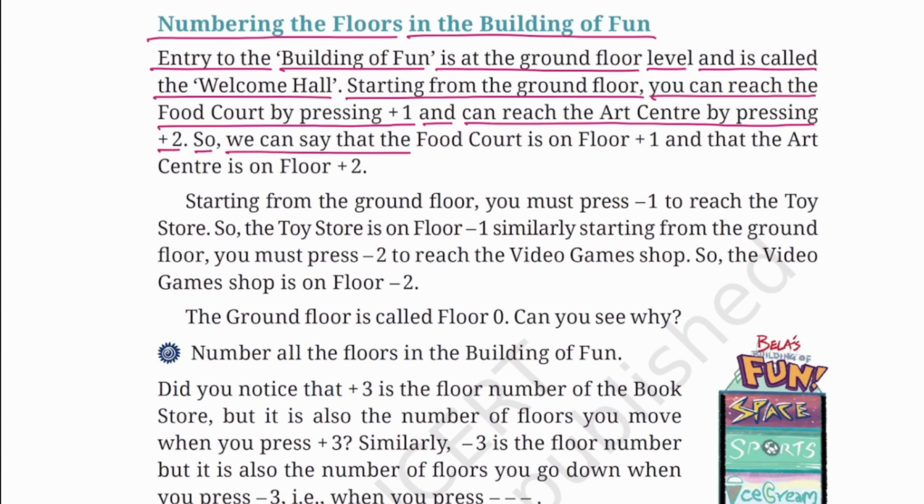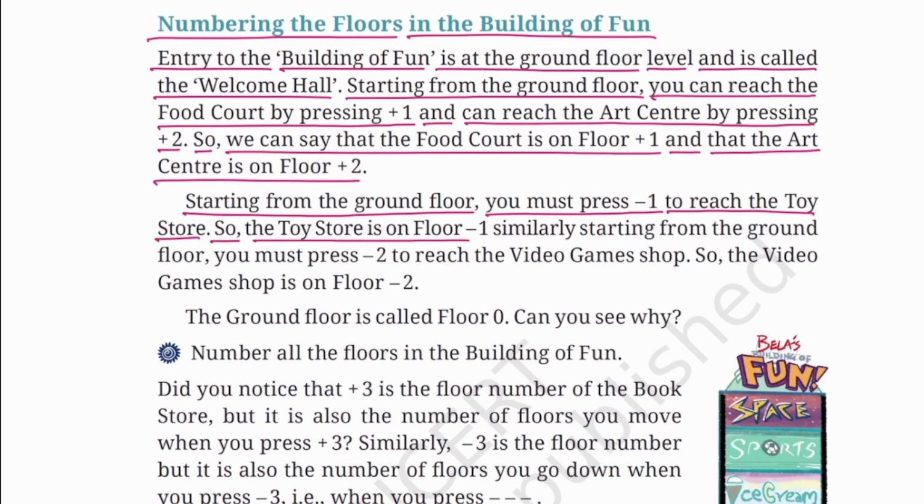So we can say that the food court is on floor plus 1 and that the art center is on floor plus 2. Starting from the ground floor, you must press minus 1 to reach the toy store. So the toy store is on floor minus 1. Similarly, starting from the ground floor, you must press minus 2 to reach the video games shop. So the video games shop is on floor minus 2.